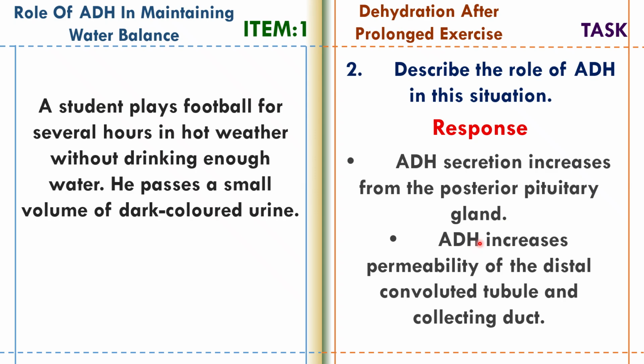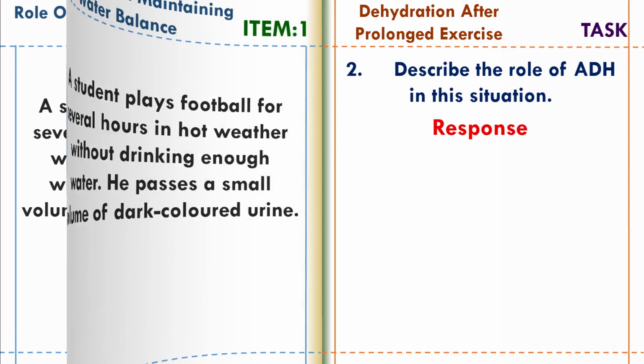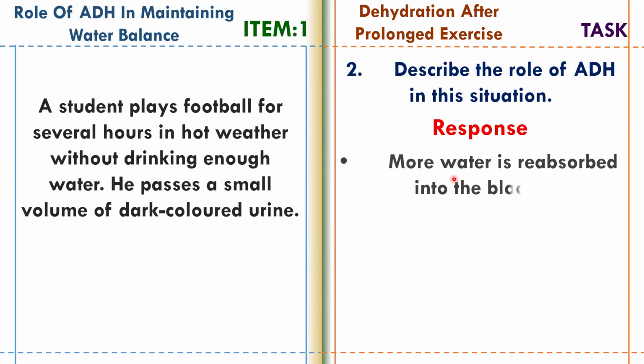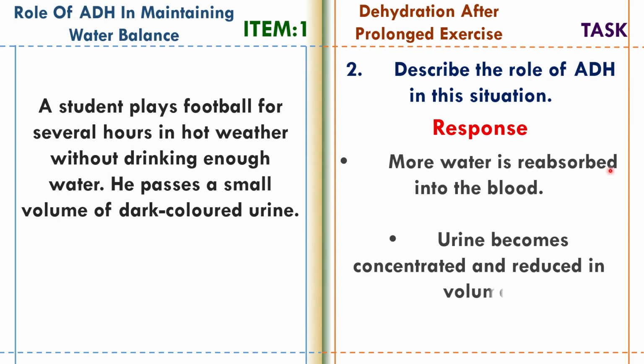Antidiuretic hormone increases permeability of the distal convoluted tubule and collecting duct. More water is reabsorbed into the blood. Urine becomes concentrated and reduced in volume.